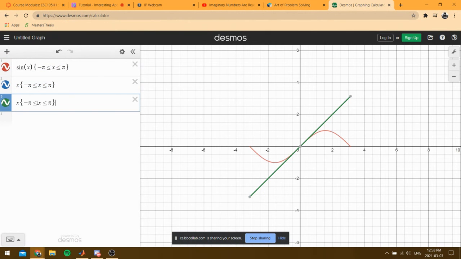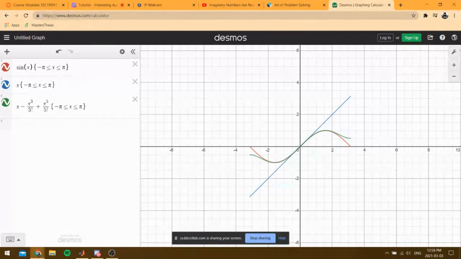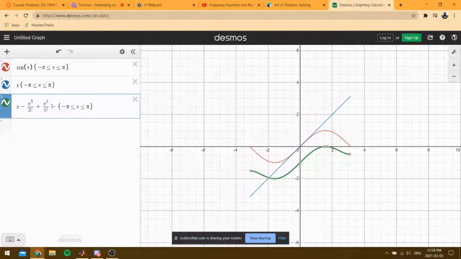But now let's look at our Taylor series expansion. So it was this, and then we subtracted x cubed over 3 factorial. So it's getting better already. And we added x to the power 5 over 5 factorial. So good, but still, it doesn't really quite match the values closer to x equals pi, which is why our simulation was breaking when we just started the system from over there.